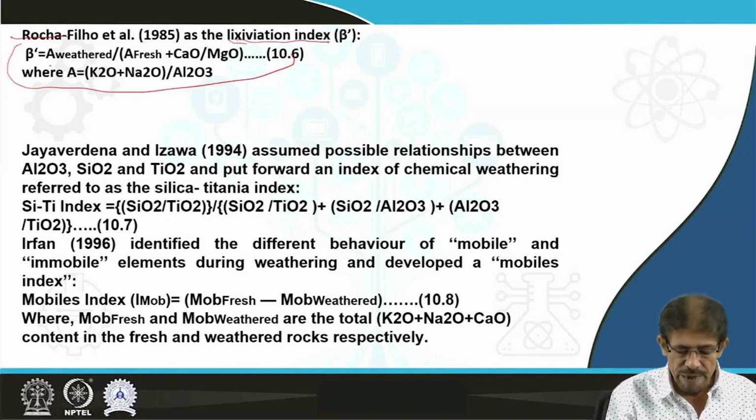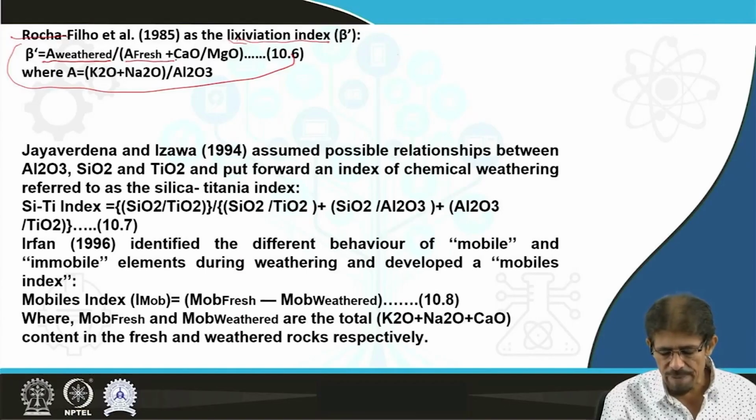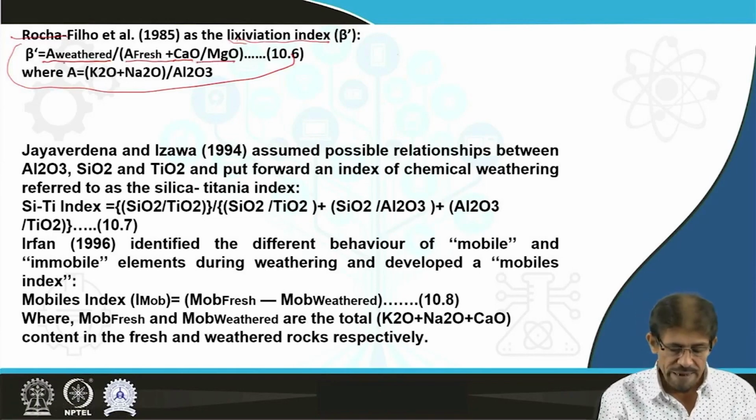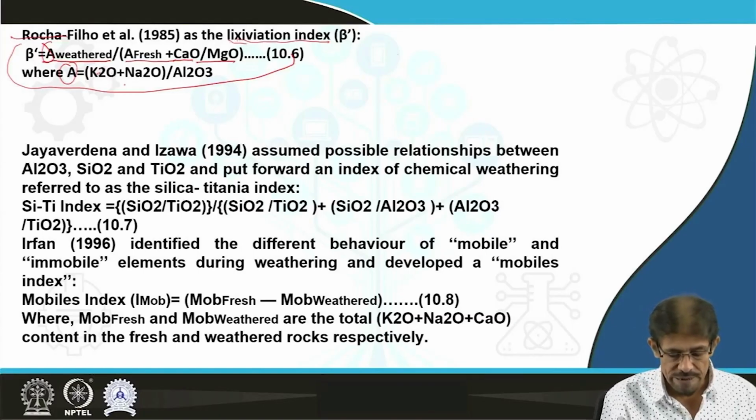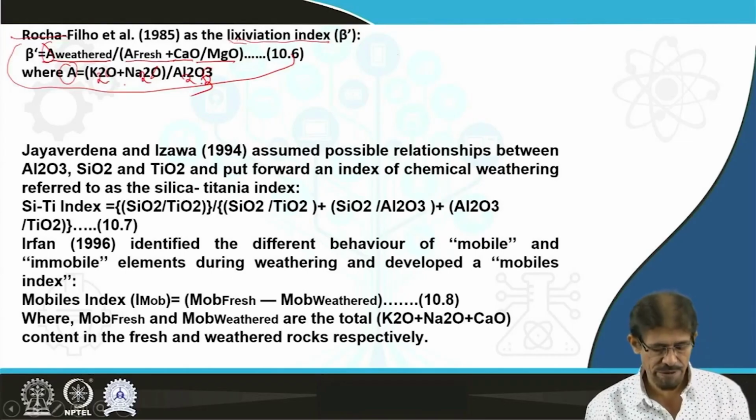This is simply the ratio of a weathered and a fresh rock along with CaO divided by MgO, where this data indicates K2O plus Na2O divided by Al2O3. You can consider K2O like this, Na2O like this, and Al2O3 like this as a subscript.